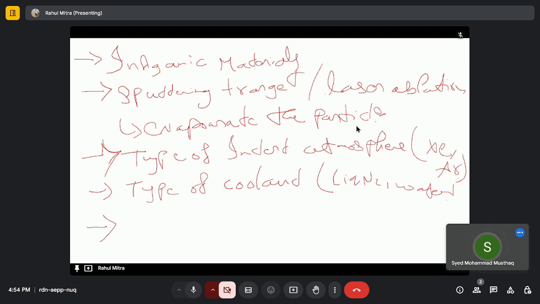And there is a difficulty in controlling the process parameters because we can't avoid the coalescence of the nanoparticles here. So there is very poor control over the functionality of the nanoparticles, and because there is clustering, the nanoparticles may form clusters.